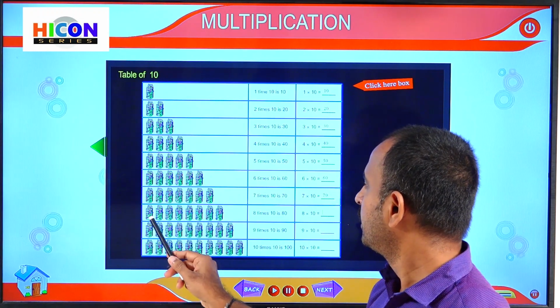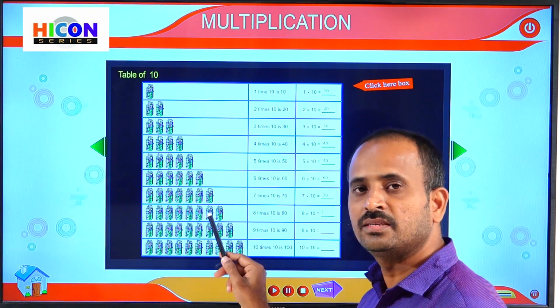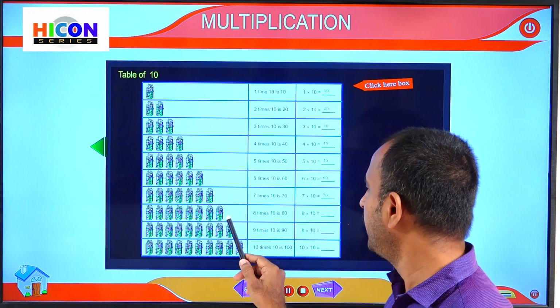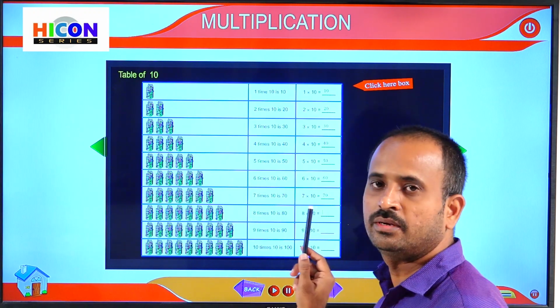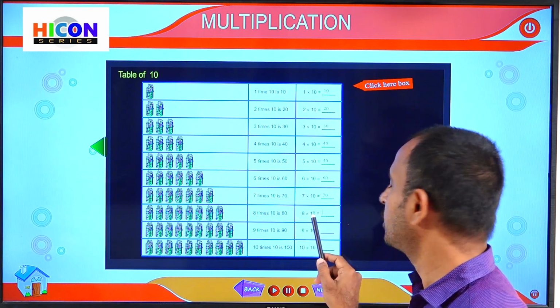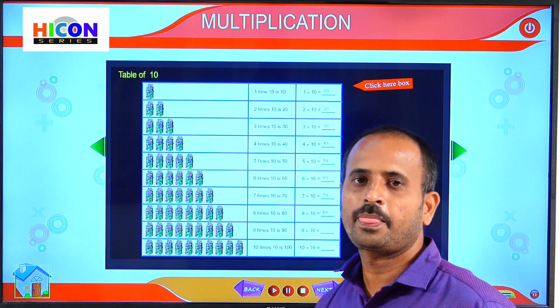And in the same way, here there are total 8 groups of pencils. Each group has 10 pencils and total number of pencils can be obtained by doing 8 times 10. And it will become 8 into 10. 8 tens are 80. So total there are 80 pencils.